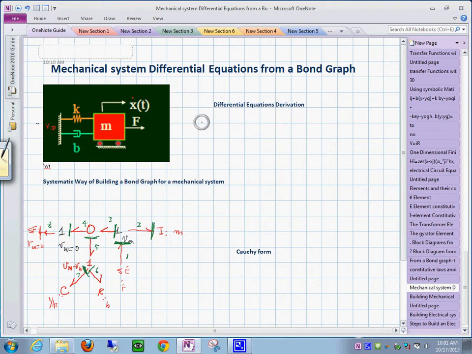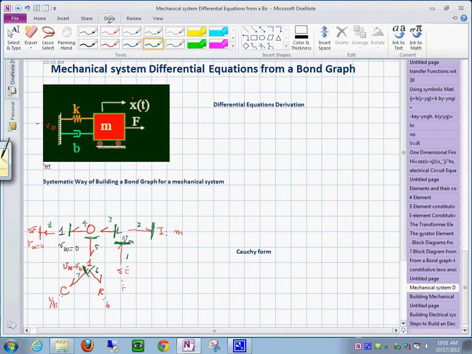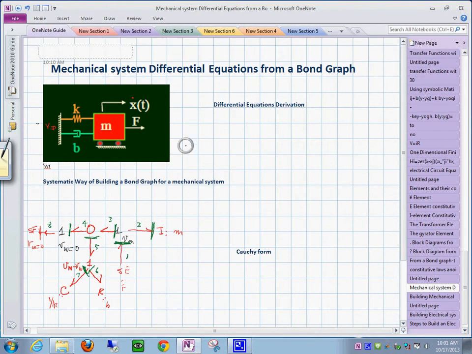What we are going to do for deriving the differential equations is actually write the individual equations of the system and then combine those equations to create an entire system of equations that you can actually use. So I am going to say this is E sub 1, in this case the SE1, right? F1 is this, what is F1? It's actually F sub 2.